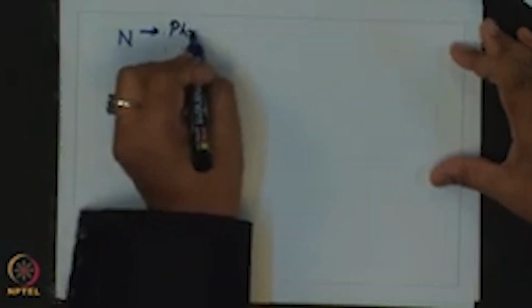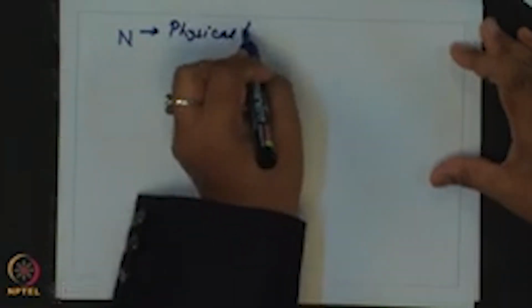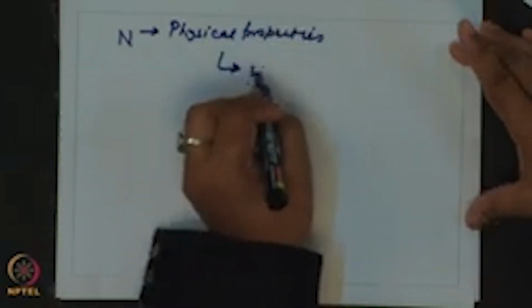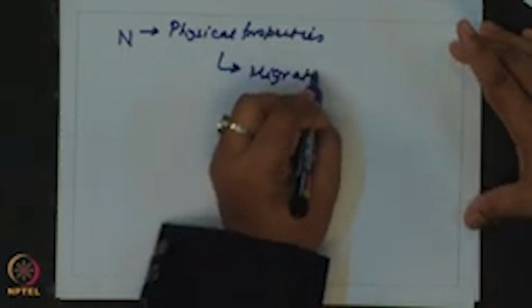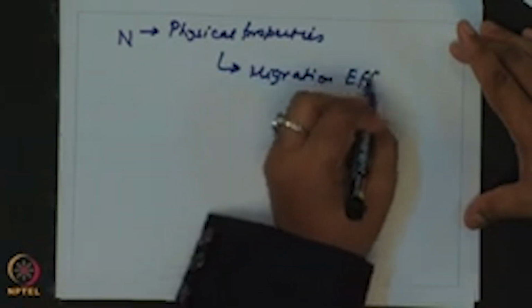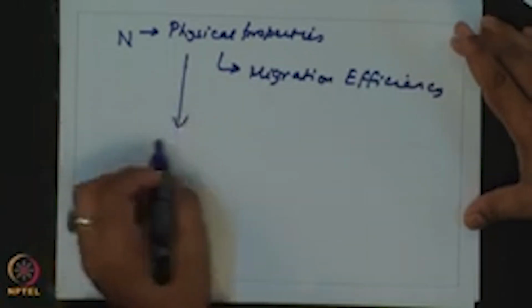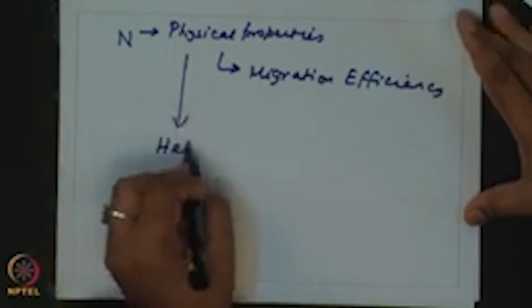And so, I would wrap up by saying that the nucleus has physical properties which dictate the migration efficiency, and also indirectly they are implicated in heterogeneity.